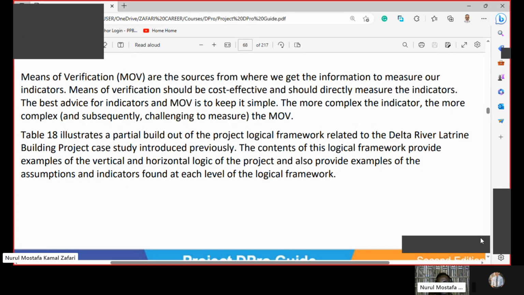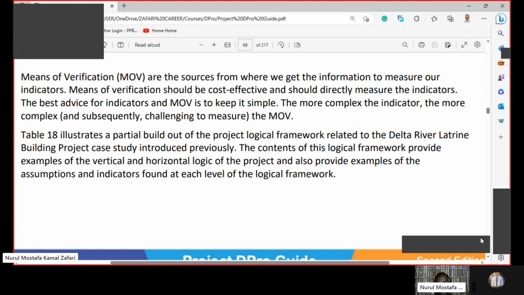If we can keep it simple, our horizontal logic will be much easier to compare and to link, as to cross the horizontal logic from the first row to the last row, meaning the goal, outcome, output, and activity row with the assumption row.